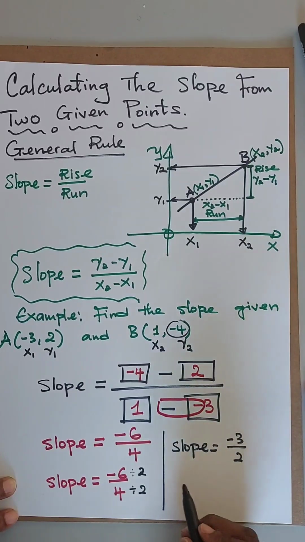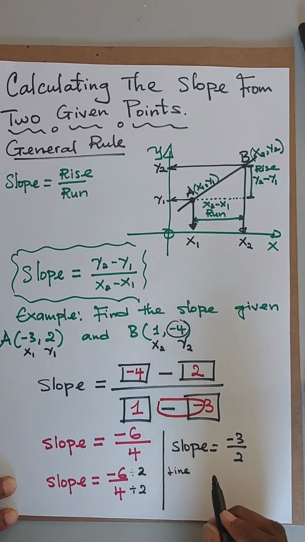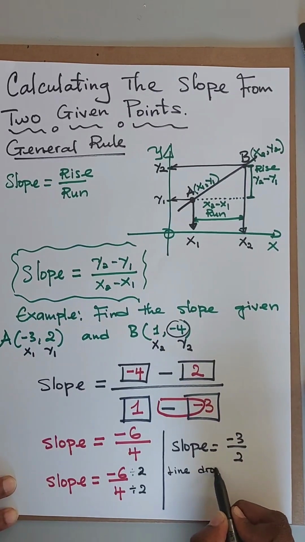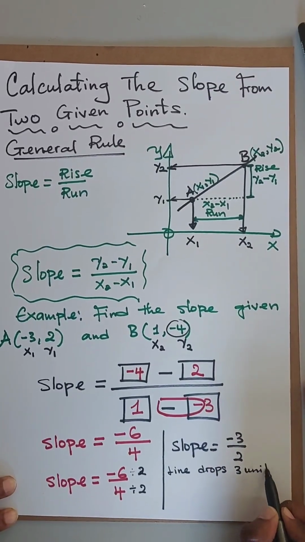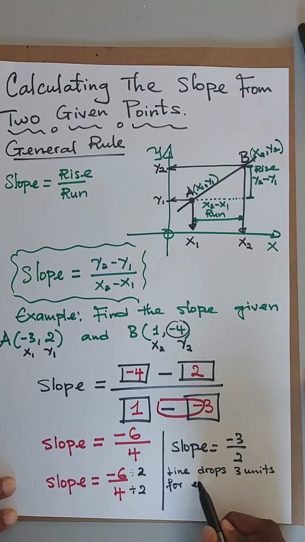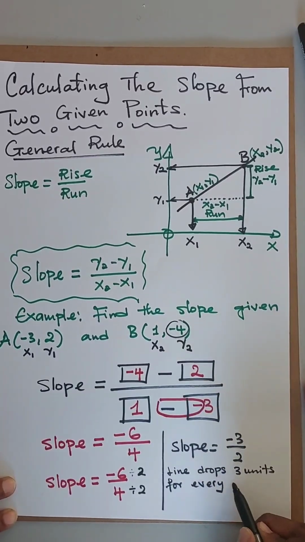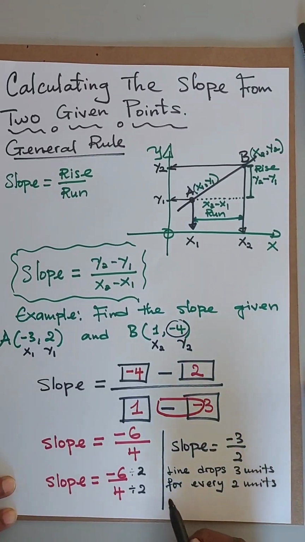So what does this slope mean? This slope means that the line drops 3 units for every two units to the right.